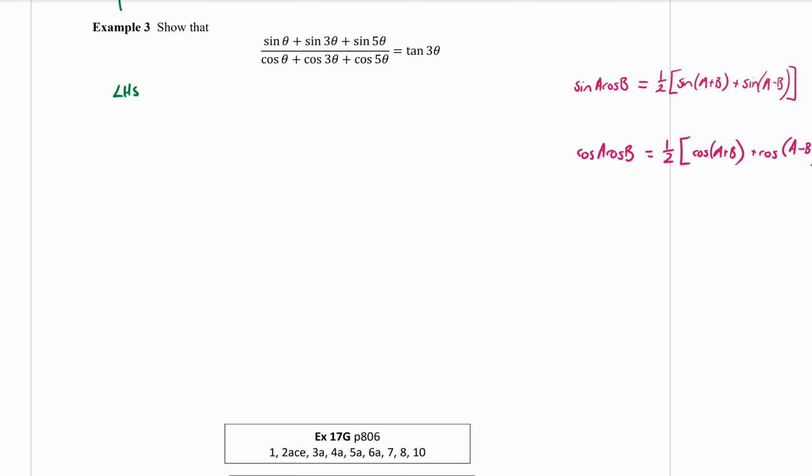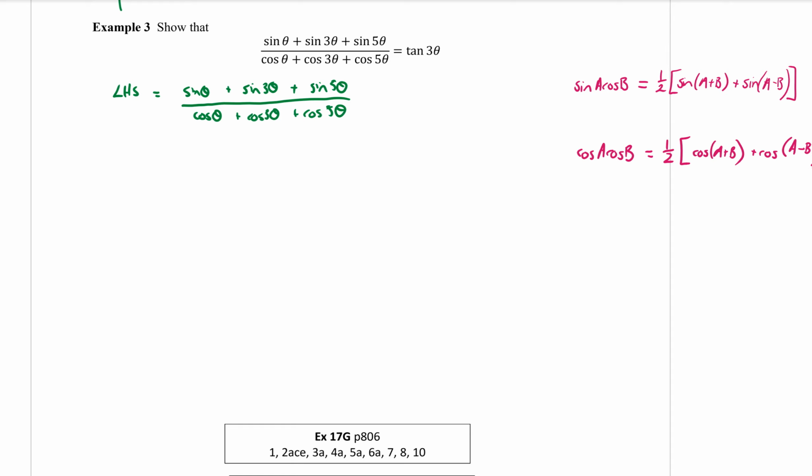So the left-hand side is equal to sine theta plus sine 3 theta plus sine 5 theta over cos theta plus cos 3 theta plus cos 5 theta.